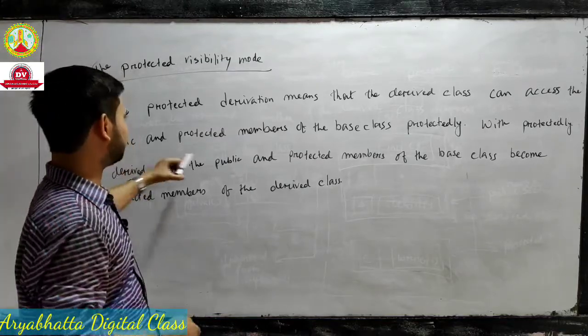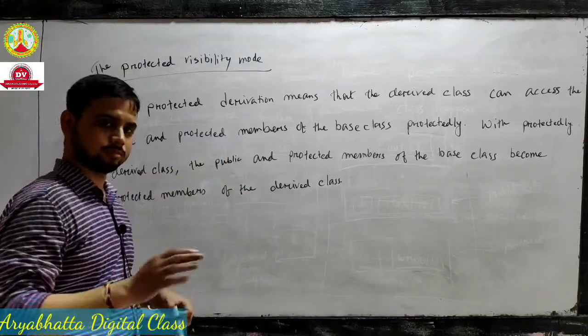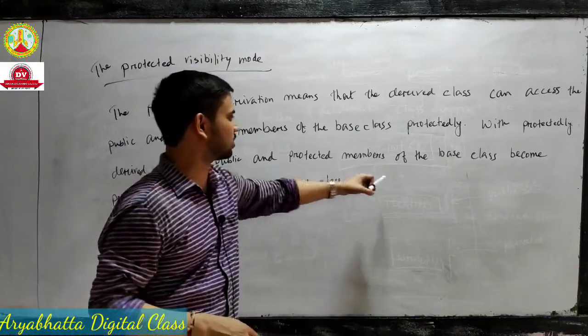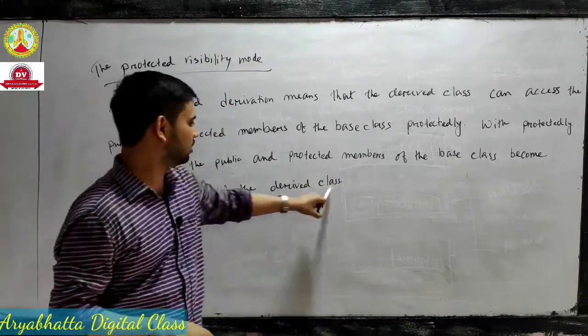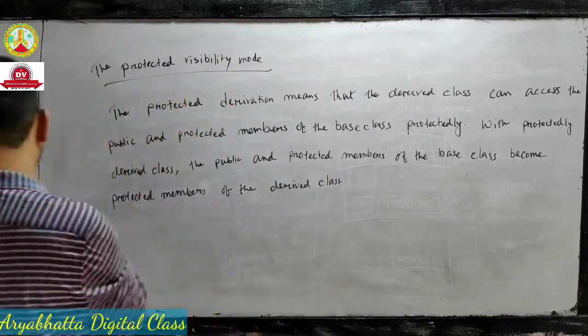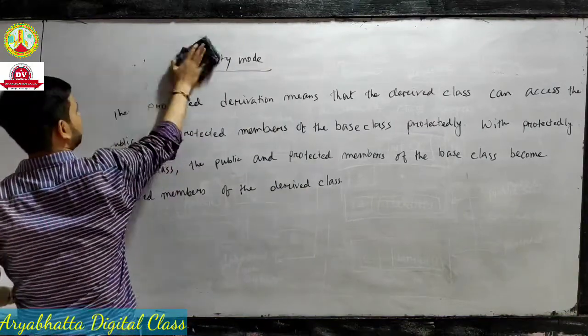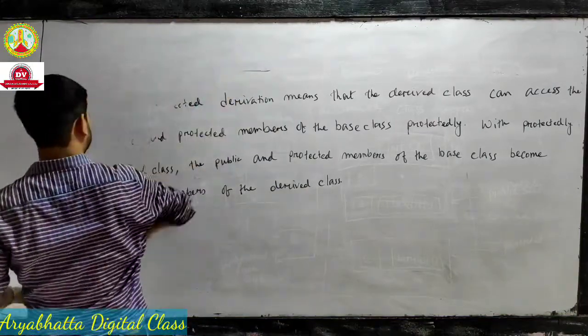Means public and protected members both will be protected. And now we have to make the diagram like the other two.